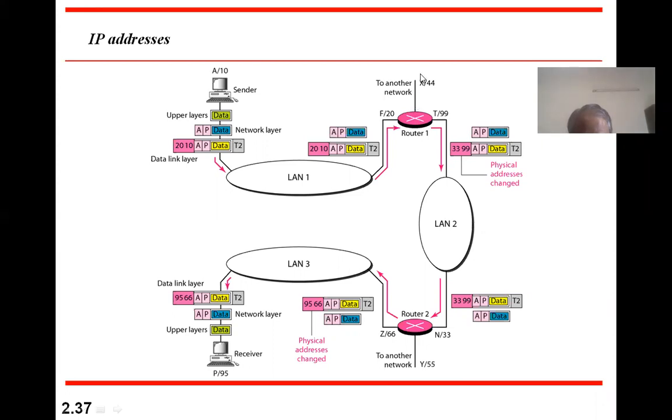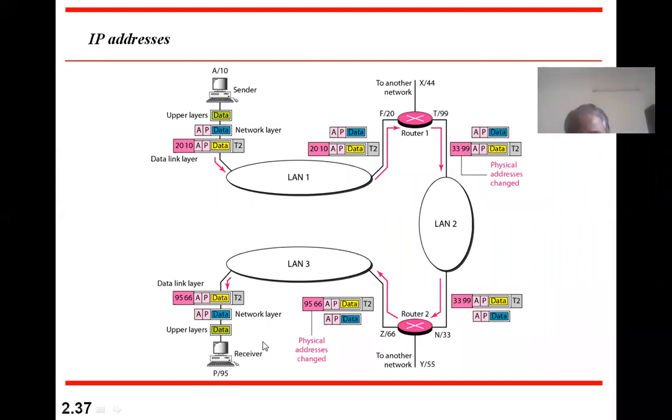There is also a third interface which is not in use right now. Similarly, router 2 also has 3 interfaces. A router can have any number of interfaces. Here one is connected to LAN 2, and the other one is connected to LAN 3.